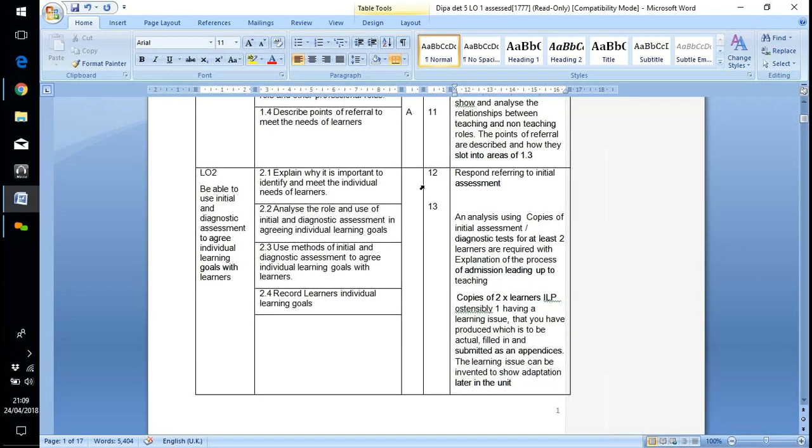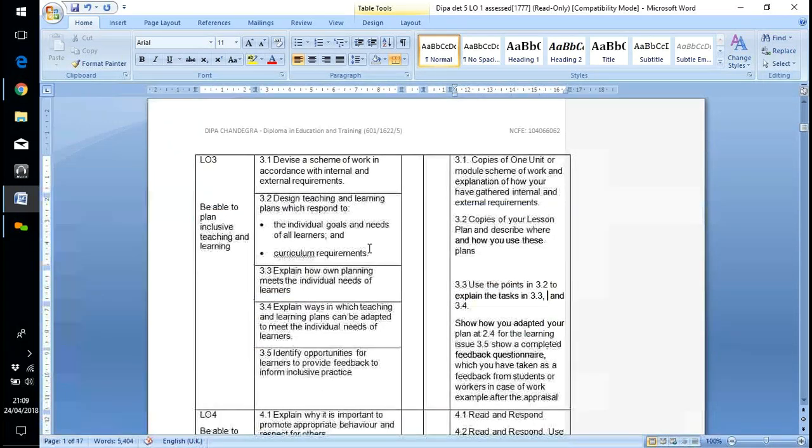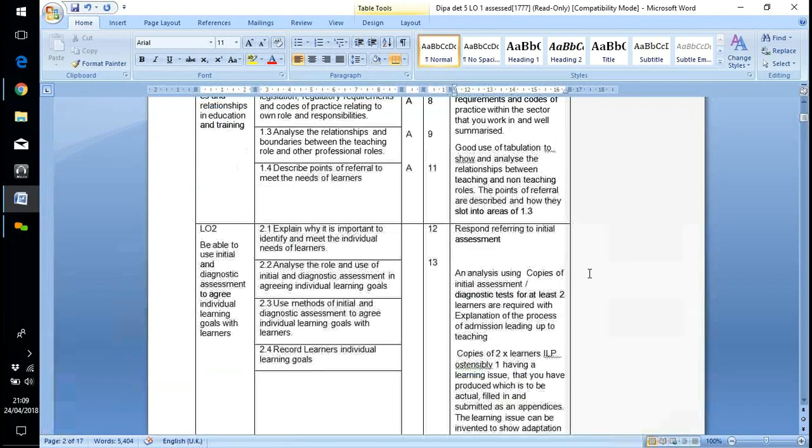So when we get to LO2, I will again rub all this out and put my assessment in its place. When we've completed the unit all the way down, all my assessments will be in here. It will mark up that you've achieved it down here, and you'll just have to write which page number that particular piece is on. Okay?